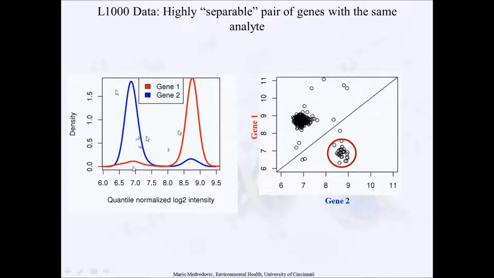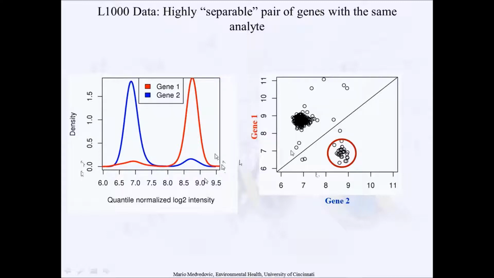But what is conspicuous is that we have about the same proportion of each of them for gene 1 behaving like the main population for gene 2 and the other way around. So we don't have a little bump here for less than normal expression of gene 2 or a little bump here for higher than expected or normal expression level of gene 1.